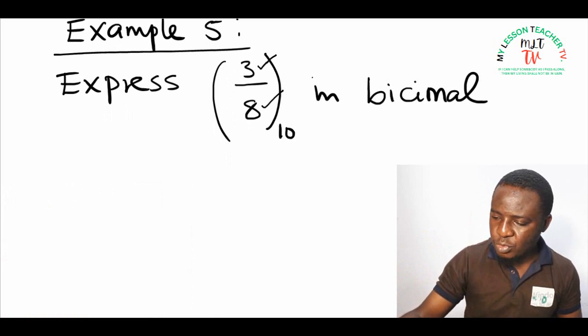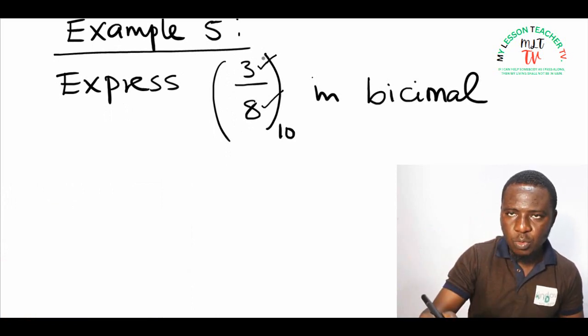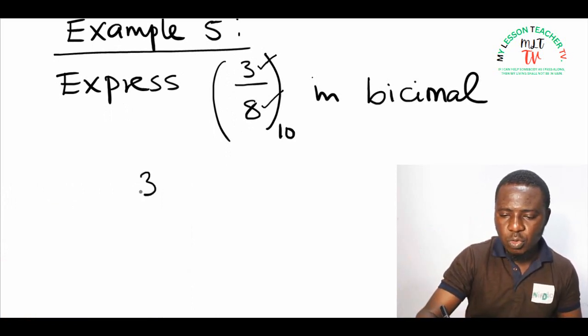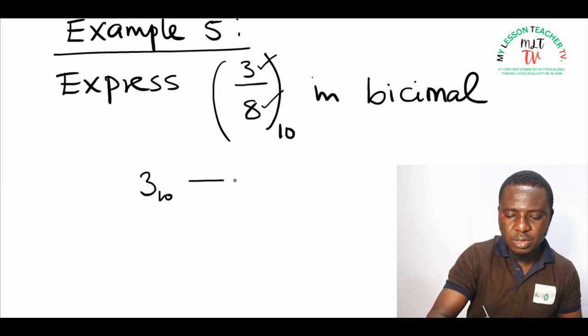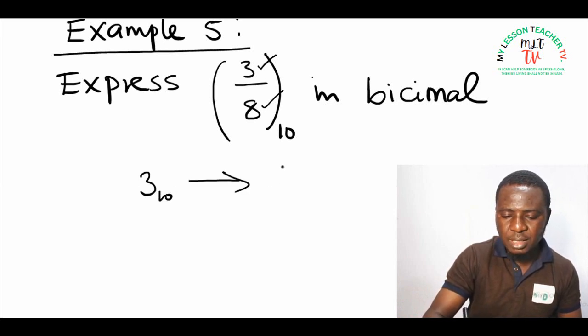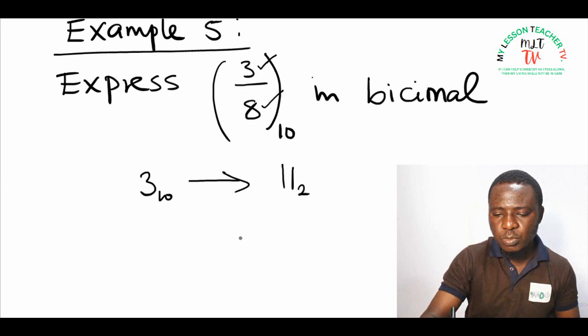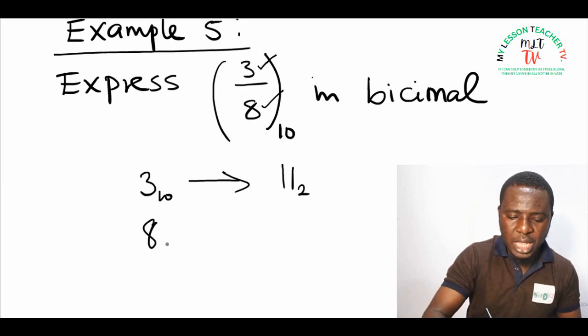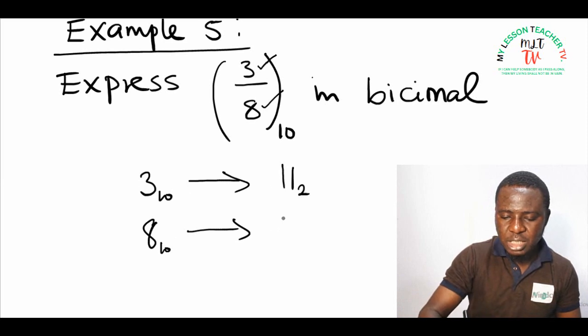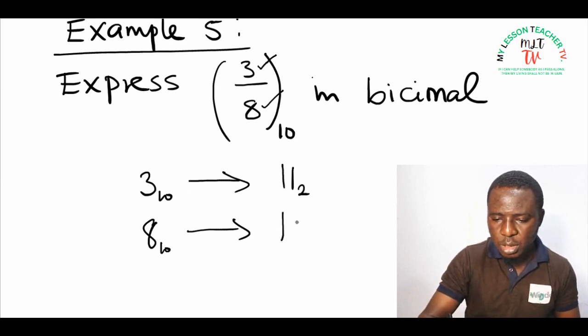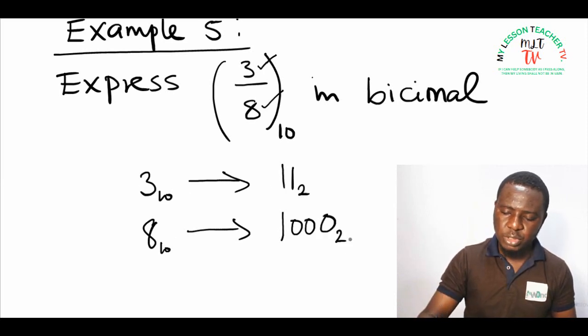Now, if I'm to use method 1, just convert this to base 2. I know that 3 in base 10 is 11 in base 2, while 8 in base 10 is 1 0 0 0 in base 2.